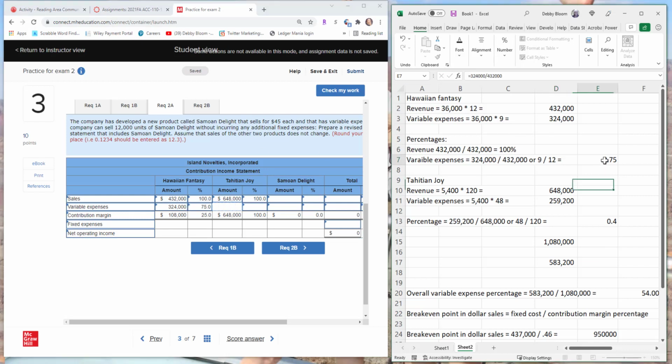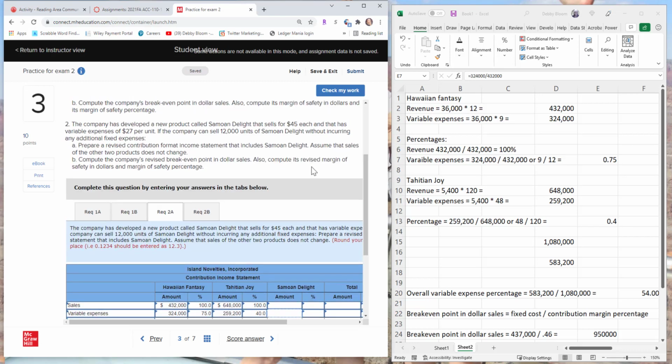It was right over here, 75%. For Tahitian Joy, we already calculated that their variable expenses were $259,200. $259,200 divided by $648,000 gives us 40%.